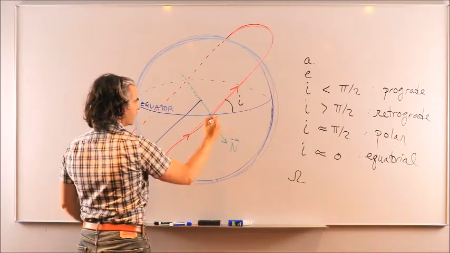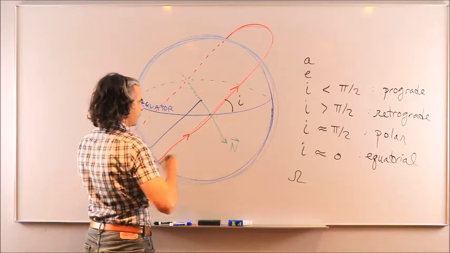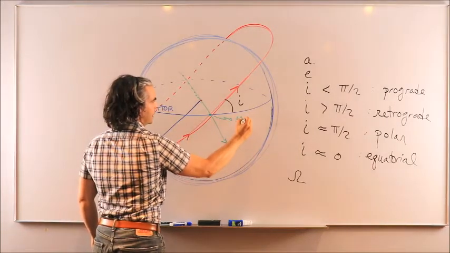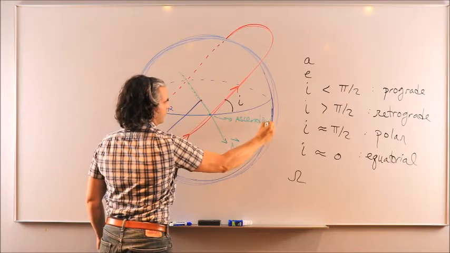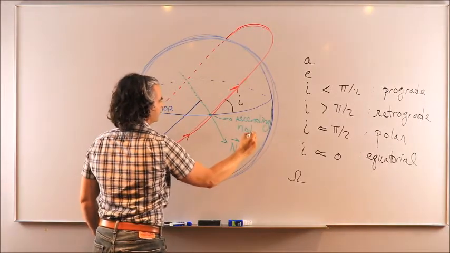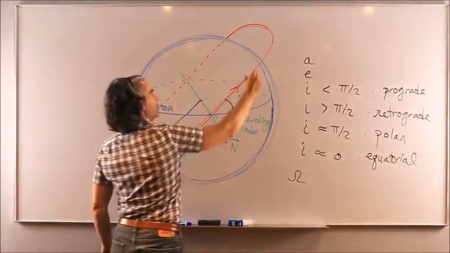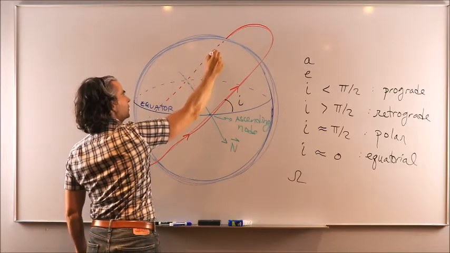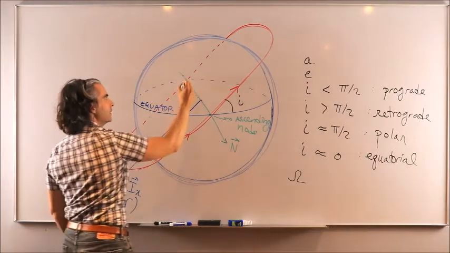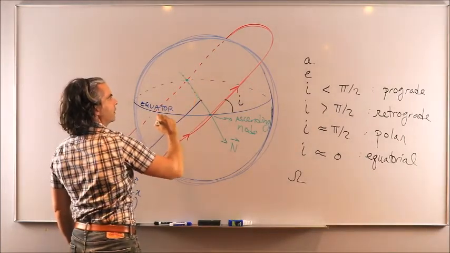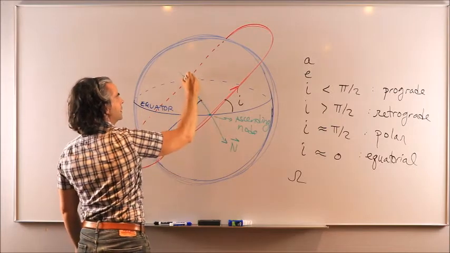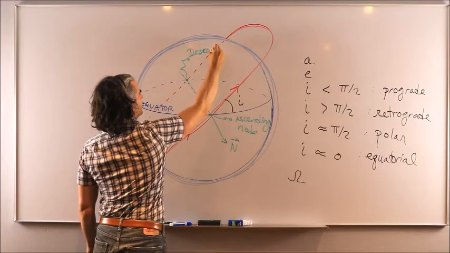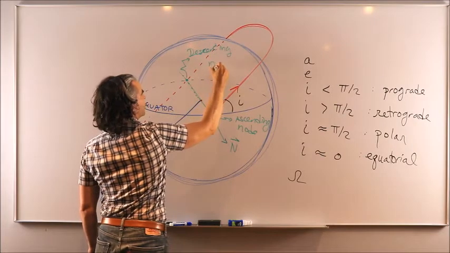because this point here, where the orbit goes from south to north, is known as the ascending node. On the other side, when the spacecraft goes down along the orbit and goes from the northern hemisphere down to the southern hemisphere, that point here along that line of nodes is known as the descending node.